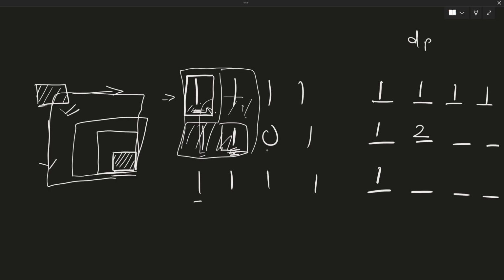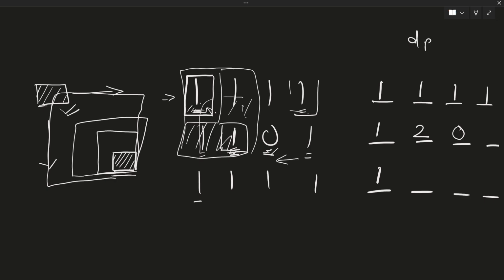For this cell, this is 0, which means that although we can form a square in the upward and diagonal directions, this cannot be added to that square since this is 0. So we would have 0 here. Now moving to this cell, in the upward direction it is 1, which means we can form a square ending at this point with side 1.